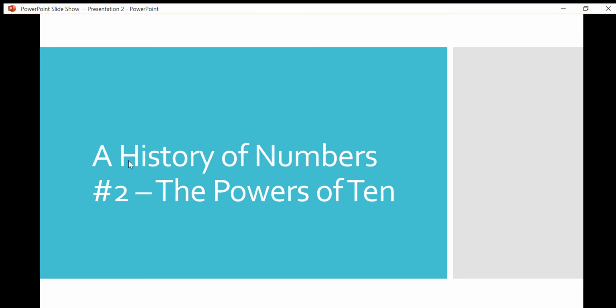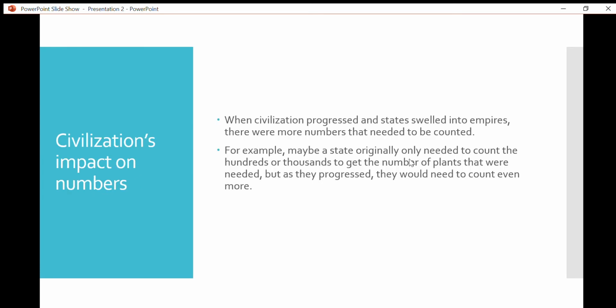Today I will be sharing with you the history of the powers of 10. So here is civilization's impact on numbers. When civilization progressed and states swelled into large empires, there were more numbers that needed to be counted. Very unsurprisingly.